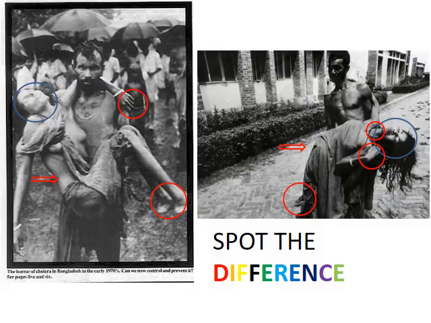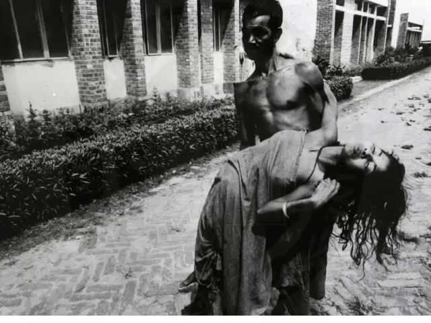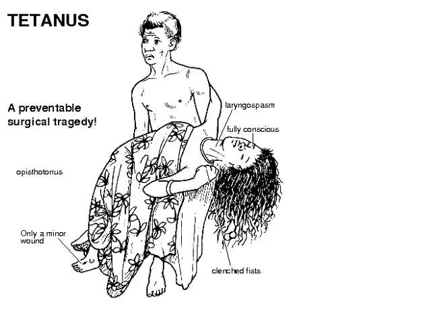So that is basically a classical case that you saw in a larger picture of the same woman. And this has been preserved as teaching material. I hope you don't see it in your life, but this is a classical case of tetanus. This is a classical textbook case of tetanus, and you can see a cartoon. It says over here, a preventable surgical tragedy.